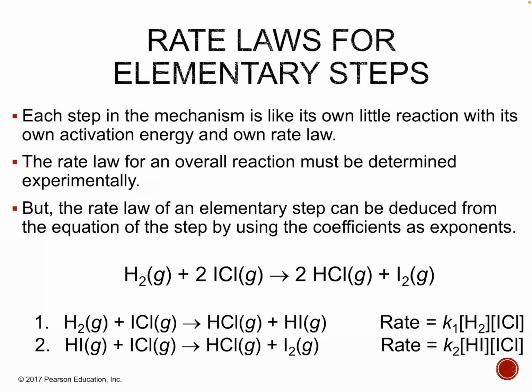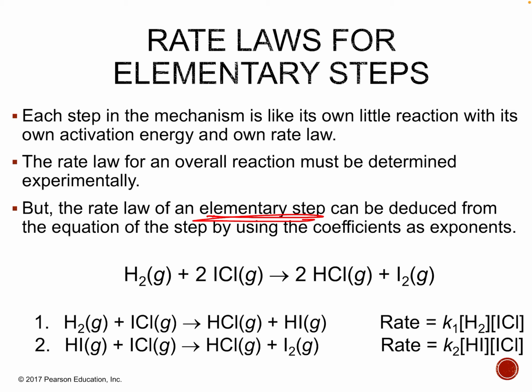So let's look at another one. You can think of each of these elementary steps like their own little reactions, with their own little activation energies and their own little rate laws. This will be really important when we start to look more at mechanisms in the next lecture. So if they each are their own little reaction with their own activation energy and rate law, we can write the rate laws for each of these elementary steps, but only elementary steps, from their coefficients.